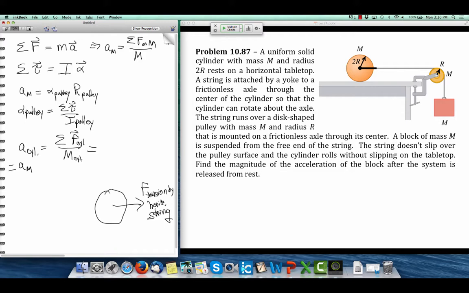There's a force upward by the table, and a force downward by the Earth.